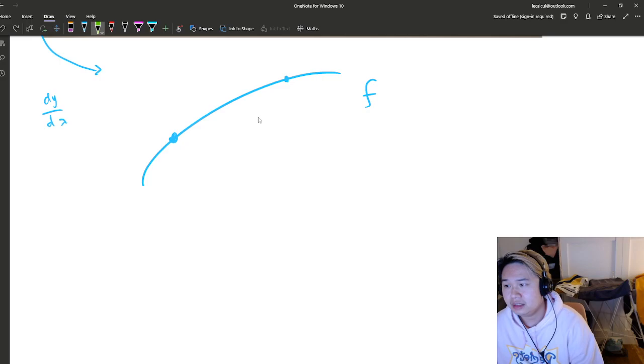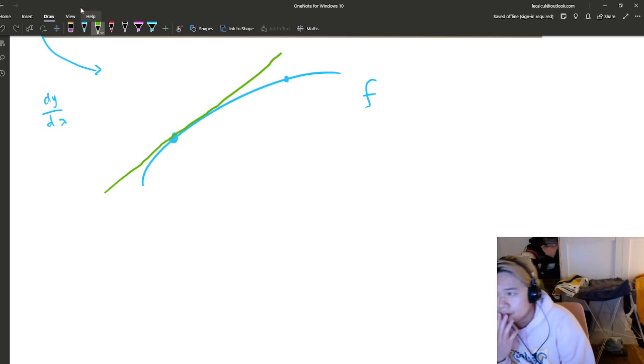Then first you find the equation of the tangent line at the point you know. And then you take steps towards the thing that you want.